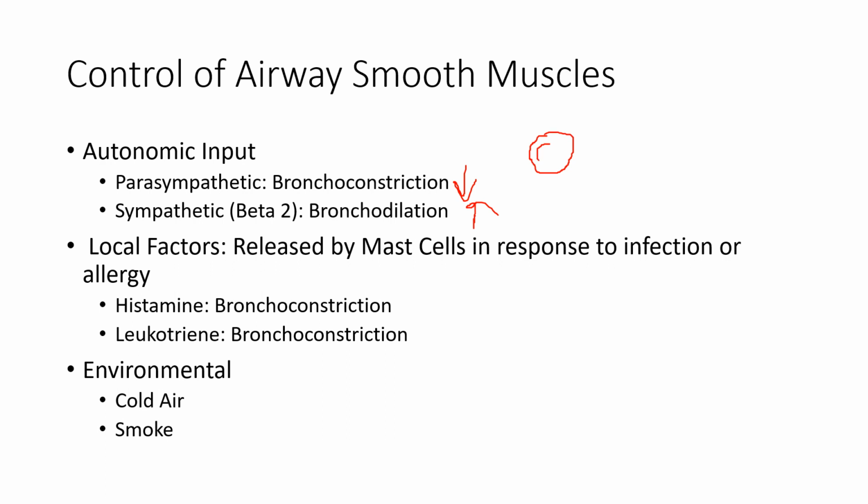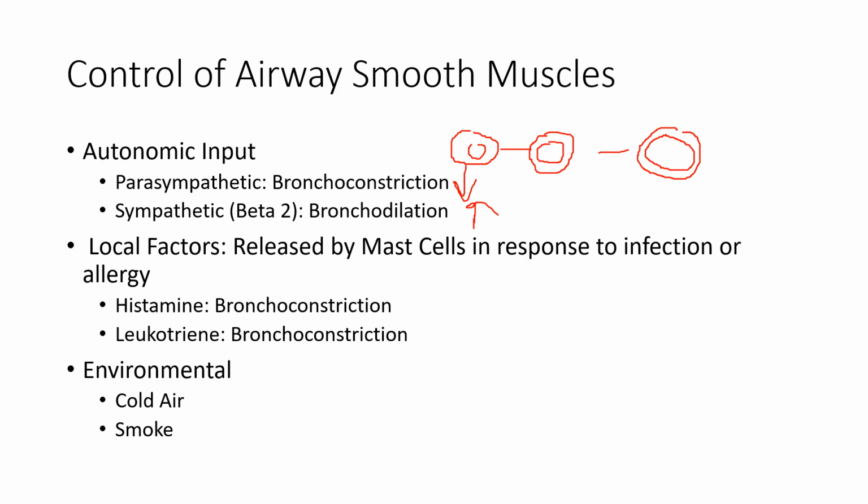Here's our lumen. In bronchoconstriction, we would see the airway get a little bit smaller by the smooth muscles constricting. And then we've got bronchodilation, where the airway would get wider, to take in more air.